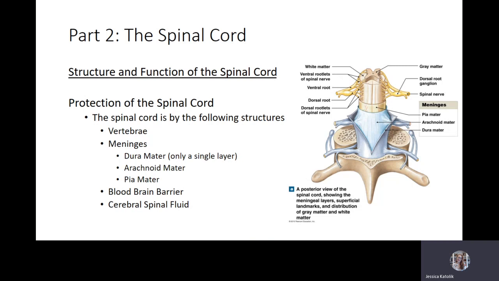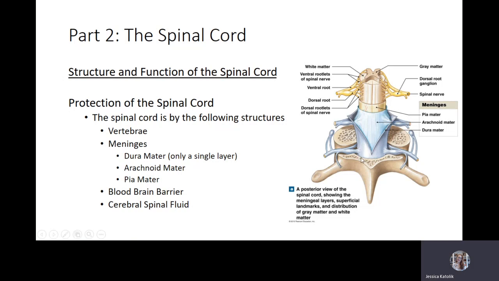Meningitis is an infection and inflammation of the meninges. This can lead to a very severe headache and stiffening of the neck, but it can be very dangerous if not taken care of. Sometimes meningitis can either be viral or bacterial, and a spinal tap can help us determine what type of infection that meningitis is.